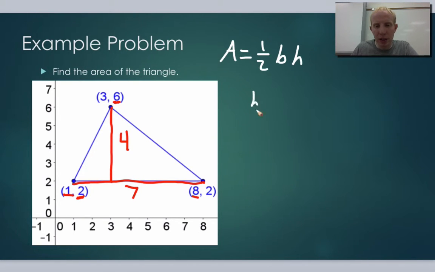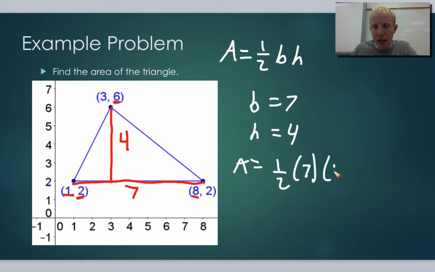We have the base that's equal to 7. We have the height, it's equal to 4. Okay, so all we have to do is plug it in. So area equals 1/2, the base is 7, the height is 4. You plug that in and you're going to get that that is equal to 14. Okay, so the area is 14 in this case.